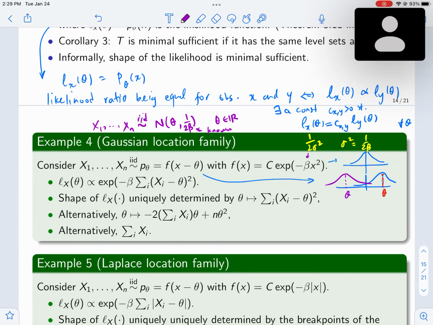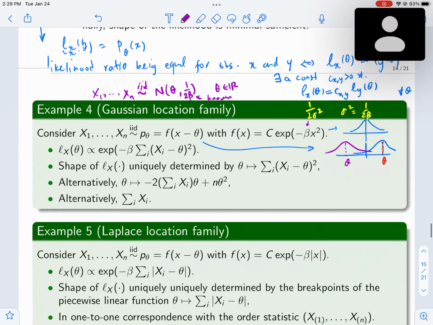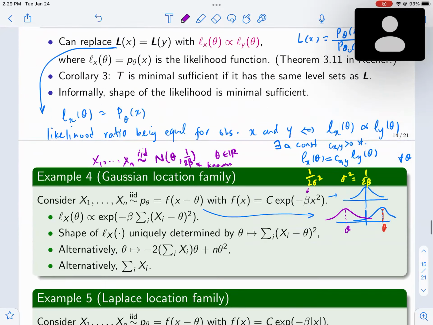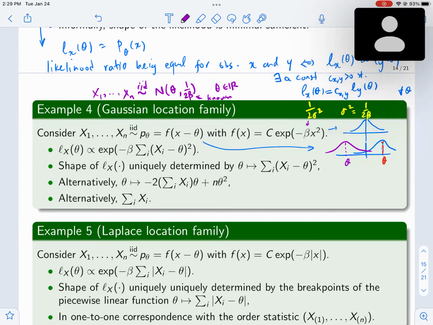So now, how do we calculate or use this theory? I'm going to calculate the likelihood. You can see that the likelihood is just plugging this f of x into the p theta. That will be the likelihood. Let's maybe do it. I have to do it here.